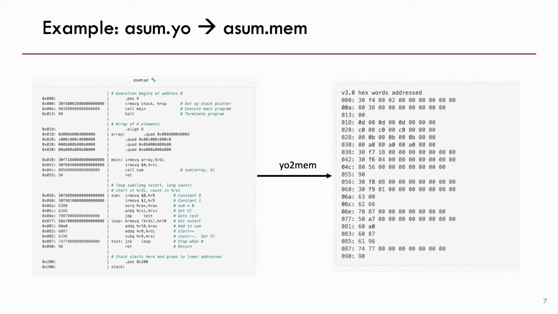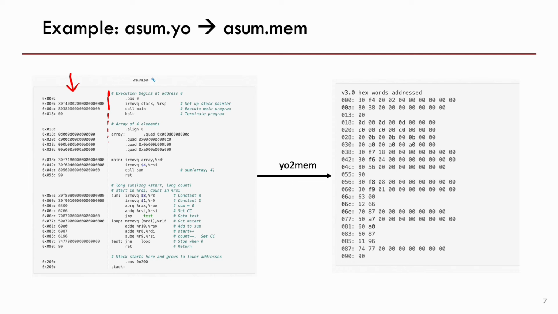Let's take a look at this example. I captured a screenshot of the yo2mem.yo file here, and I believe you are familiar with this program because it was used in the previous lab. On the left-hand side of these pipe symbols is the actual object file.